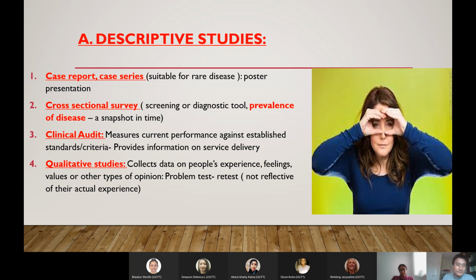You'll never go wrong. Clinical audit: if they mention anything of a standard to compare, click on audit. Qualitative is when things cannot be measured. If someone writes about experience, feelings, opinion, then it is always qualitative.